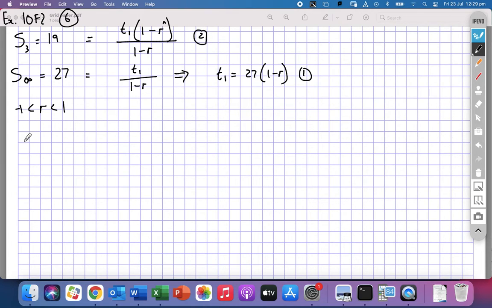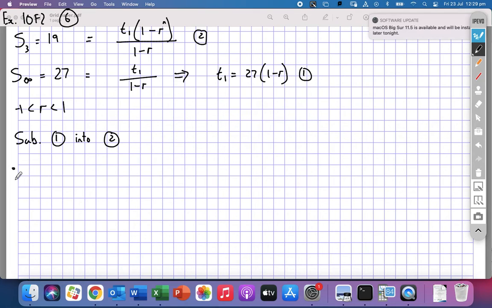And then we could substitute 1 into 2, and that will just leave us with R's. So we'll be substituting out that T1.